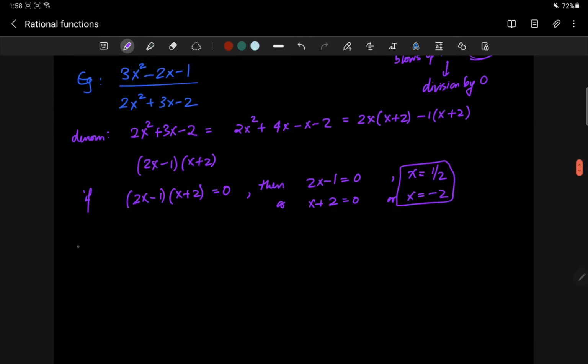This means that there are two vertical asymptotes at x equals negative 2 and x equals 1/2.